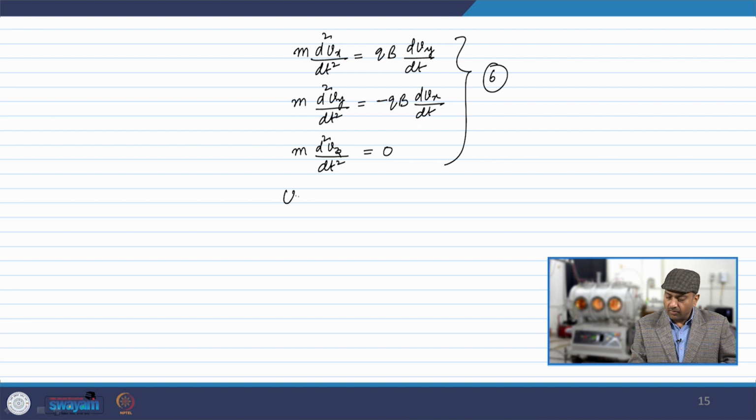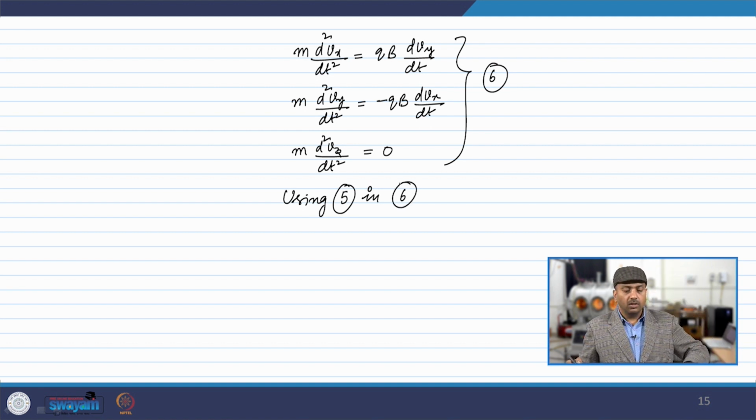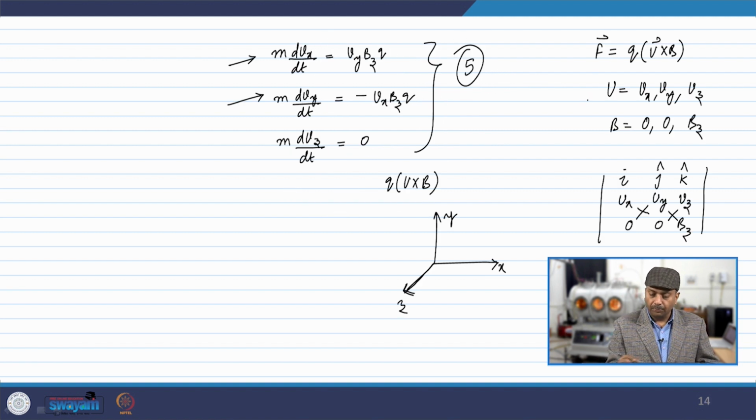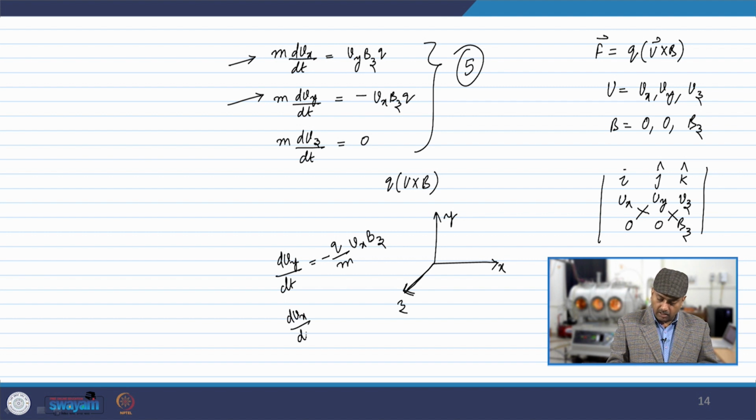Now, using 5 in 6, how are we going to use it? From the last equation, we can write dVy by dt is minus q by m Vx Bz, and dVx by dt is q by m Vy Bz.